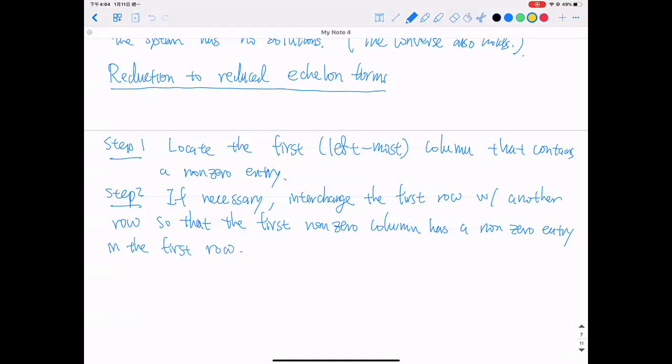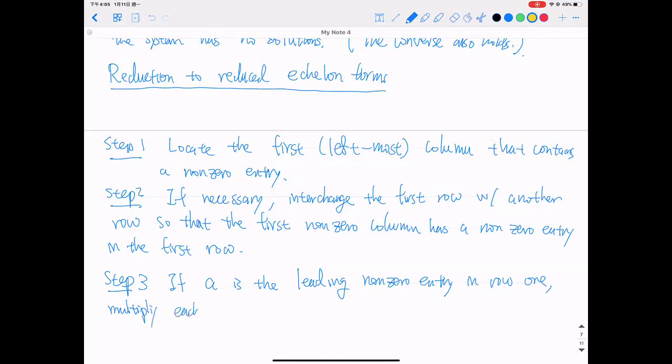Okay, so now next step: if A, say this number A, is the leading non-zero entry in row 1, multiply each entry in row 1 by 1 over A. Or rather, multiply row 1.